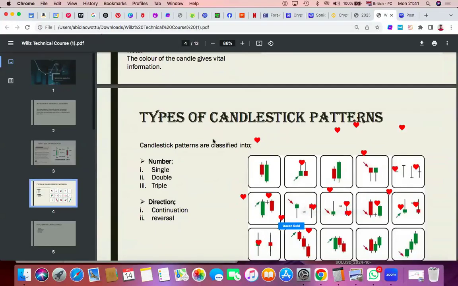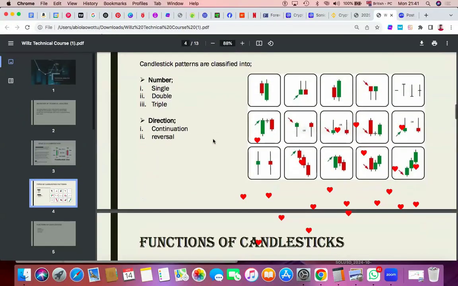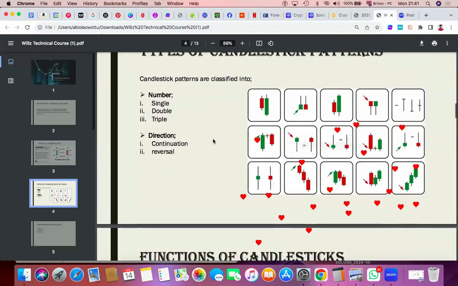So, types of candles, right? We have different types of candles. And the candle patterns are classified into numbers and directions, right? We have single, double, triple, and continuation patterns, and also the reversals, right? So we have patterns of candles.